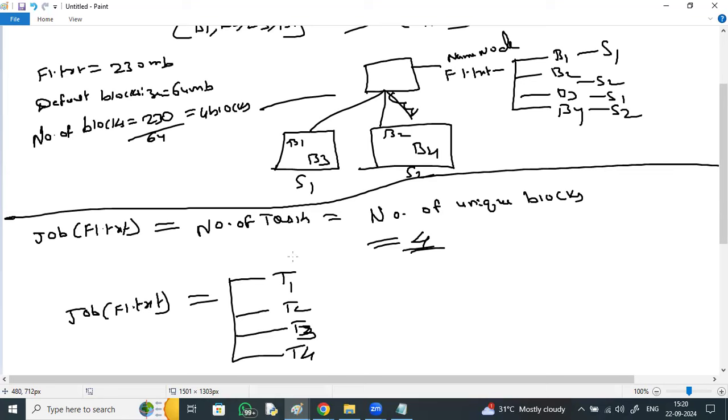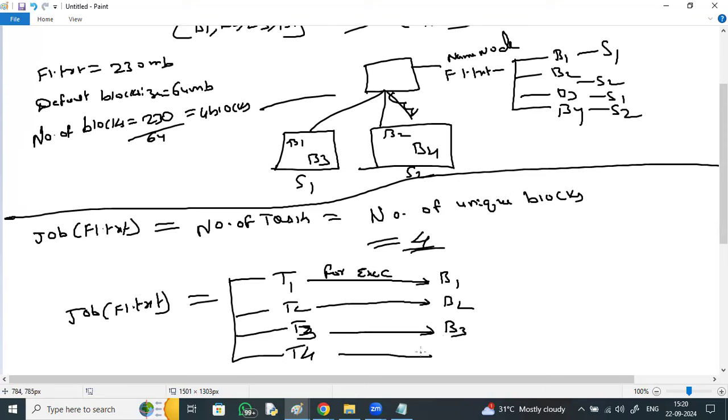Okay. T1 task for executing B1. T2 for executing B2, T3 for executing B3, T4 for executing B4.